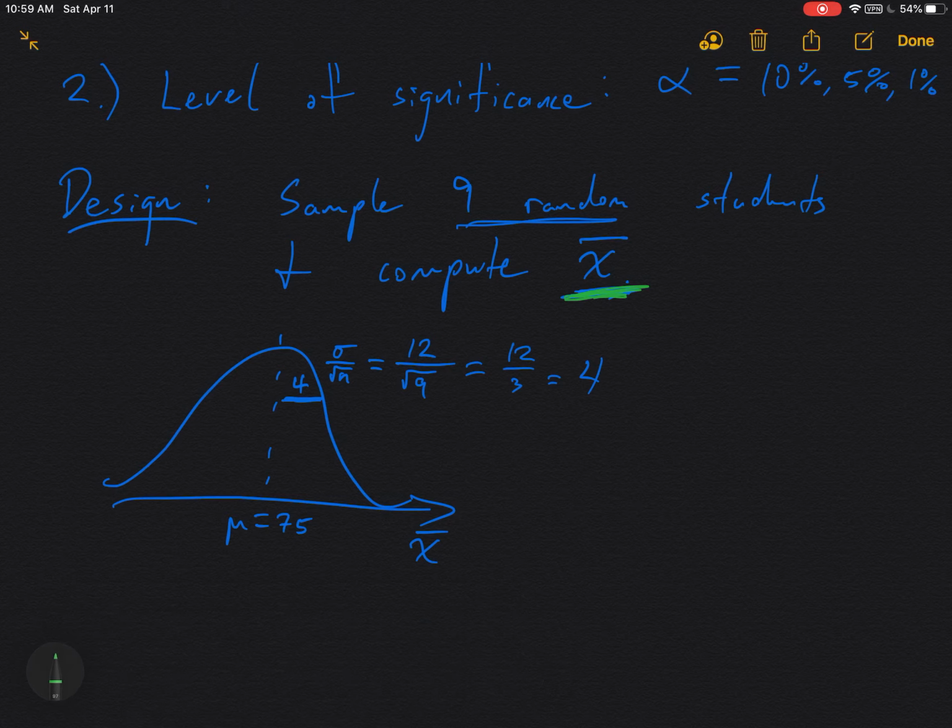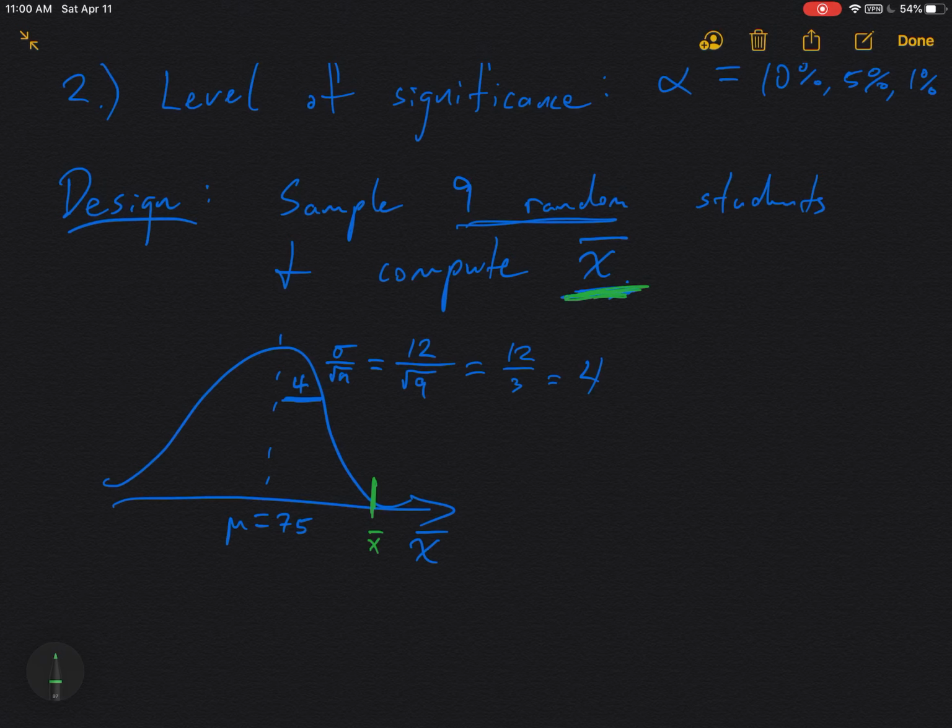So we need to decide what the cutoff should be, where we stop trusting the teacher and we start to think that maybe he was lying. So let's say that we end up, rather than getting an X bar that lives close to the mean, let's say that we get an X bar value that's way over here.